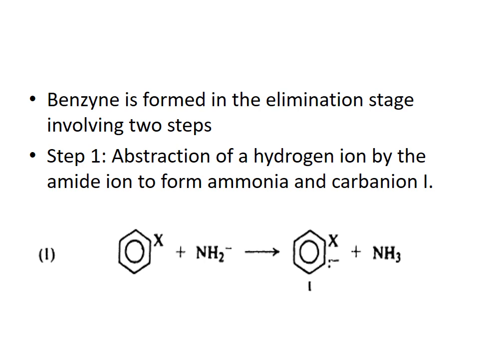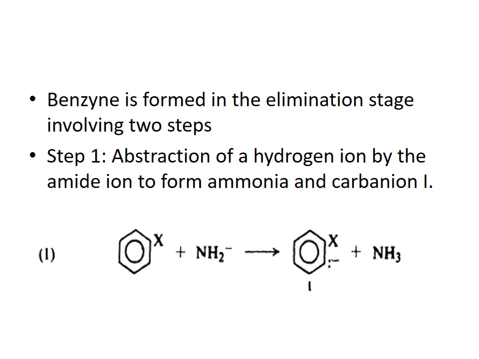Benzyne is formed in the elimination stage, and this elimination stage itself involves two steps. The first step is abstraction of a hydrogen ion by the amide ion to form ammonia and carbanion 1. Here there is the amide ion, NH2 minus. It abstracts a hydrogen as a proton from the ortho position of the carbon to which the halogen is attached.